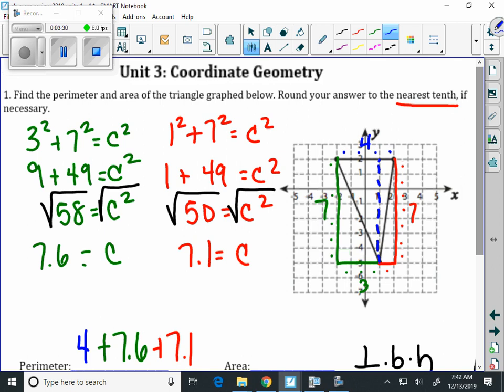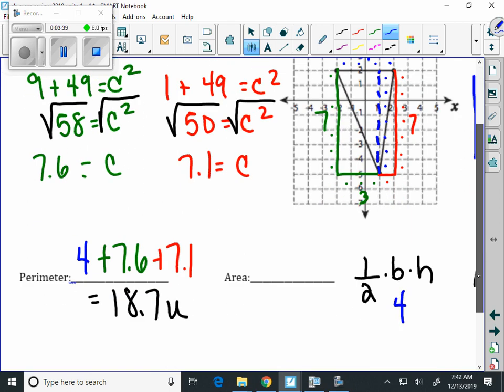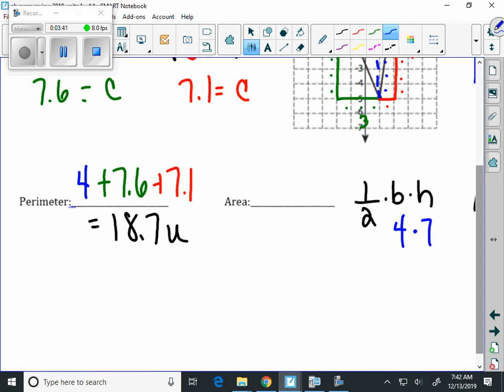And the height of this is 7. 1, 2, 3, 4, 5, 6, 7. So 4 times 7 times 1/2. And if you need to, you can type that in, but we end up then with this being 14 units squared.